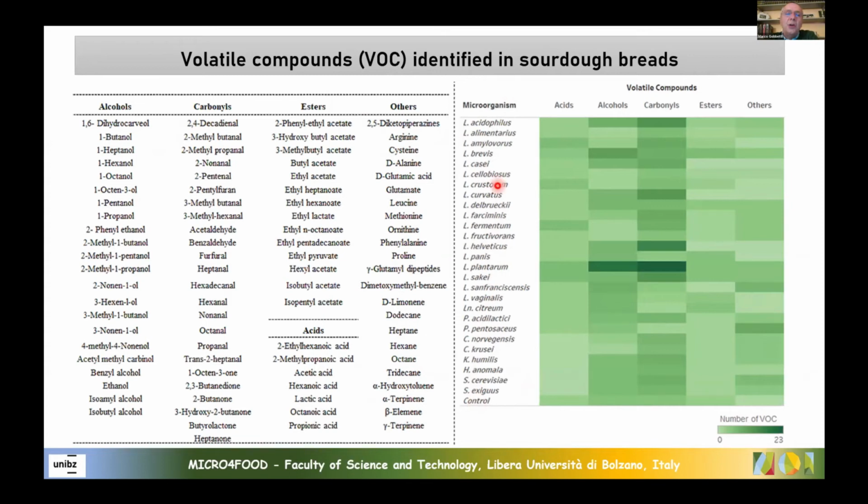So microbes during sourdough fermentation, in particular lactic acid bacteria, synthesize these chemical compounds or synthesize precursors that can be the chemical compounds from which during baking you can get volatile compounds that qualify your bread, your baked good.